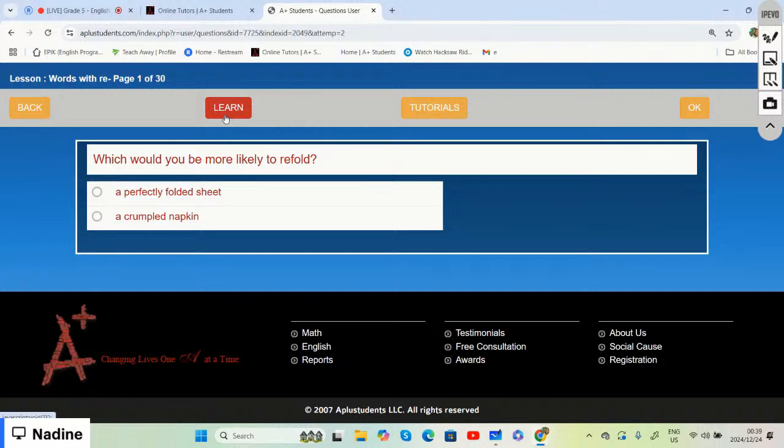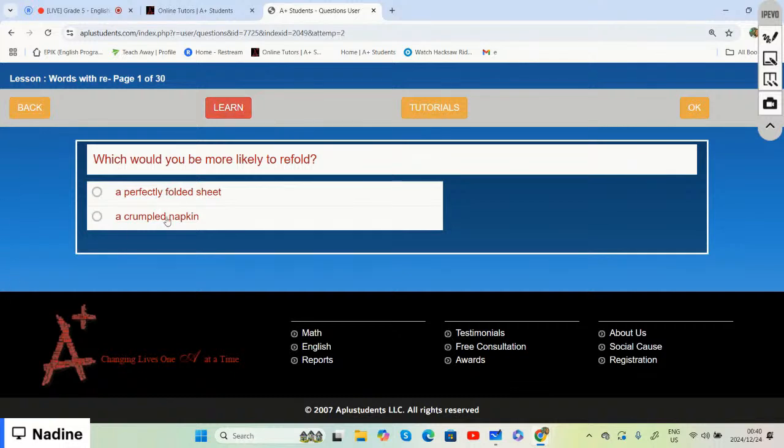Is it a perfectly folded sheet you would refold again, or a crumpled napkin?